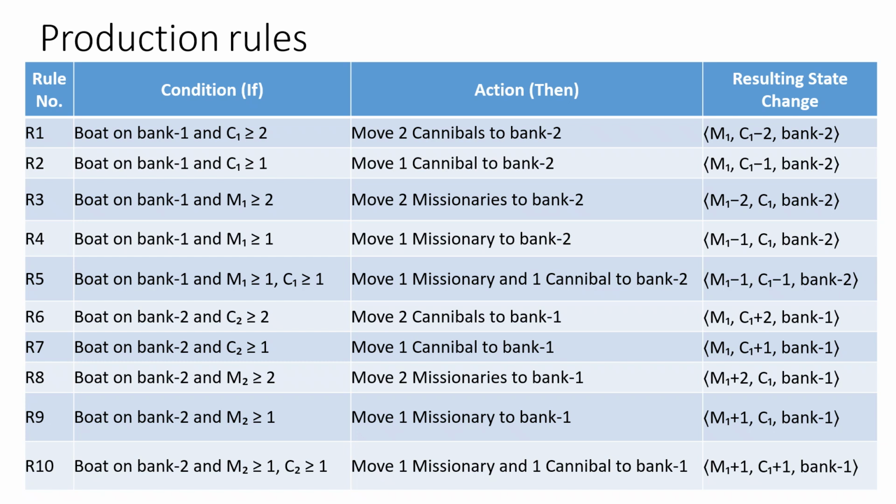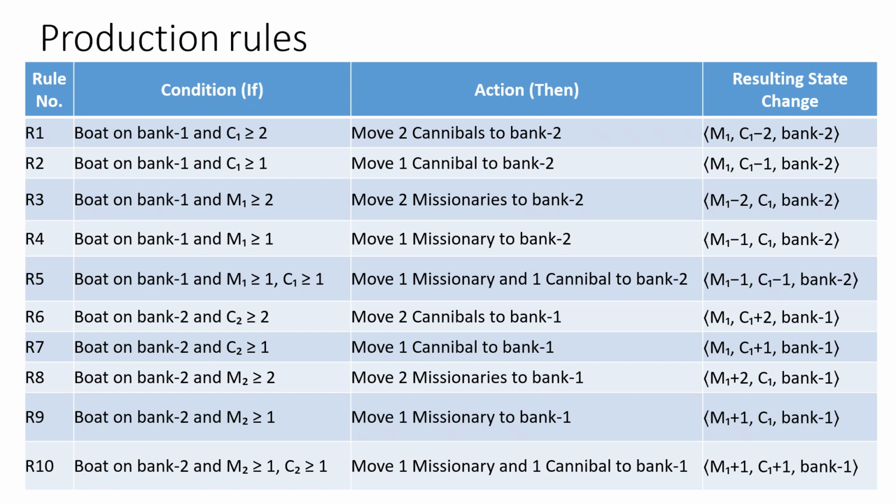The first one: when the boat is on the left bank and at least 2 cannibals are present, then the 2 cannibals can cross the river together to the right bank. So here the boat is on bank 1 and C1 is greater than or equal to 2, then we can move 2 cannibals to bank 2. Then the second rule: a single cannibal can cross from the left bank to the right bank when the boat is available.